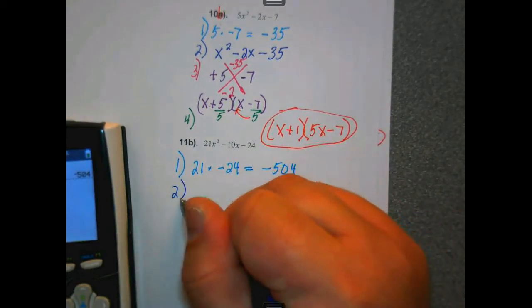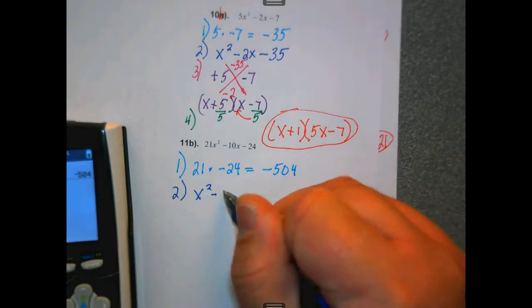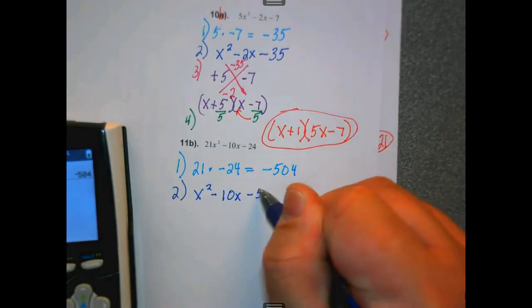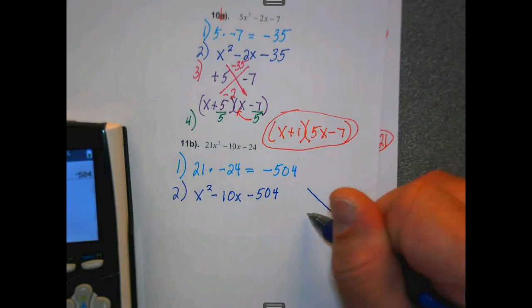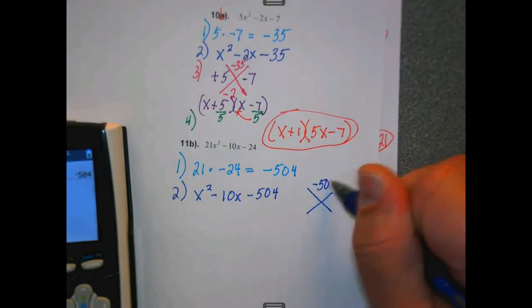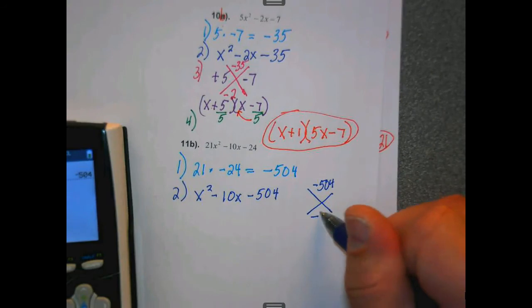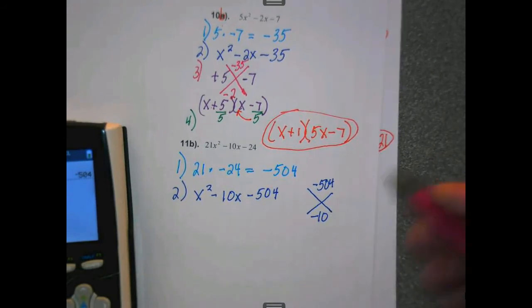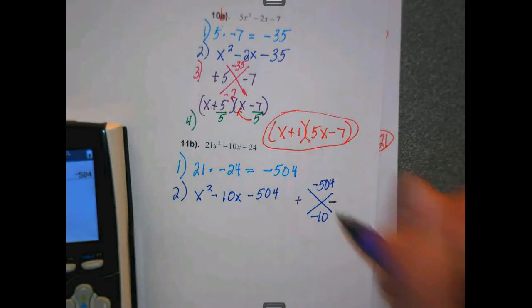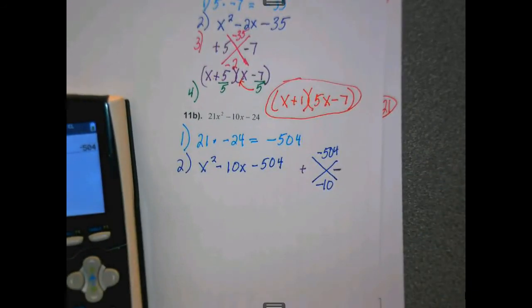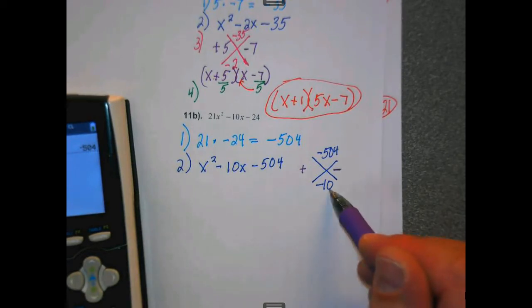2x squared minus 10x minus 504. Two factors of negative 504 that add up to negative 10. I don't like this one at all. They're going to have to be close to each other to subtract to 10.